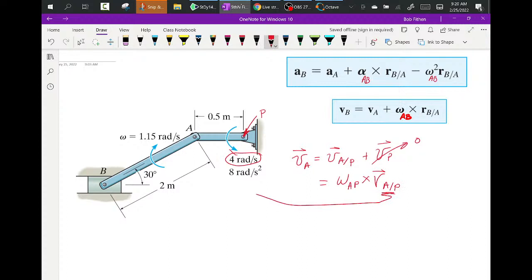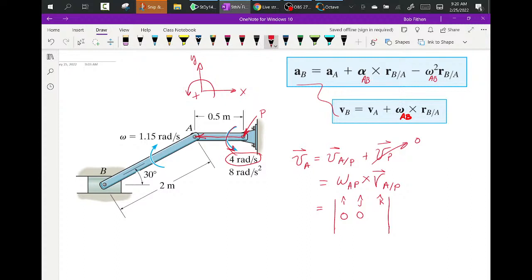What is this? Sit on the pin, draw a vector this way. When you're doing these, they are all vector equations, so it's best to set up a little symbol like this. And then, not too surprising, you'll end up with, okay, this direction is counterclockwise.